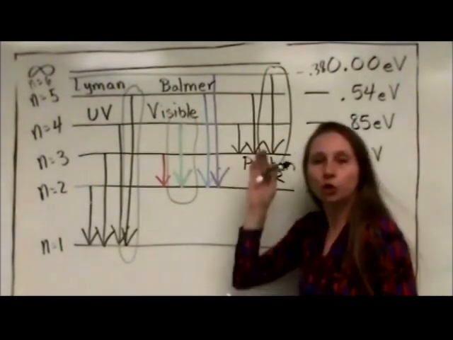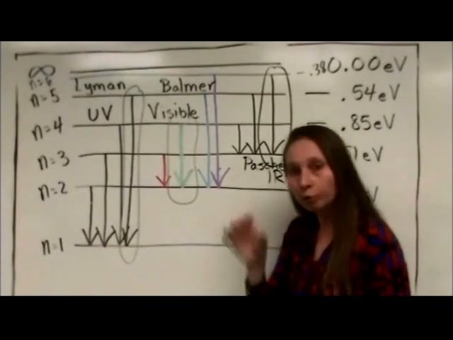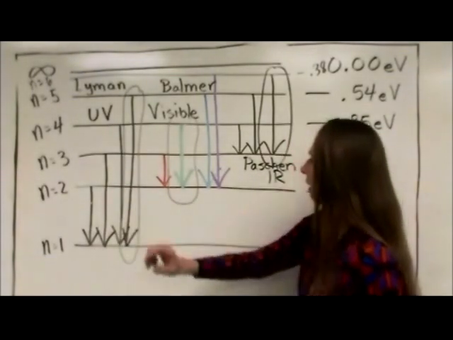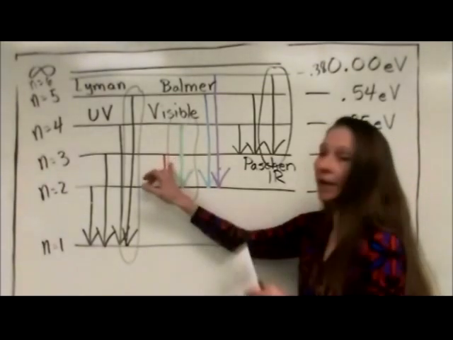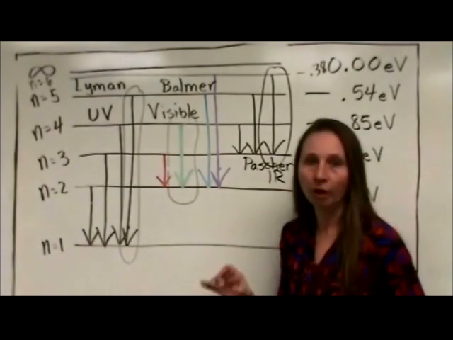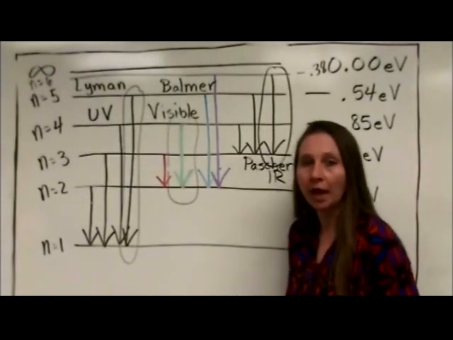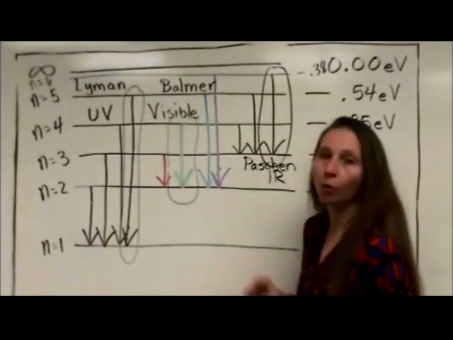We're going to do all that math and prove that the photons given off are ultraviolet, visible, in this case green, and infrared. All right, let's do that math now and show it all up on the board.